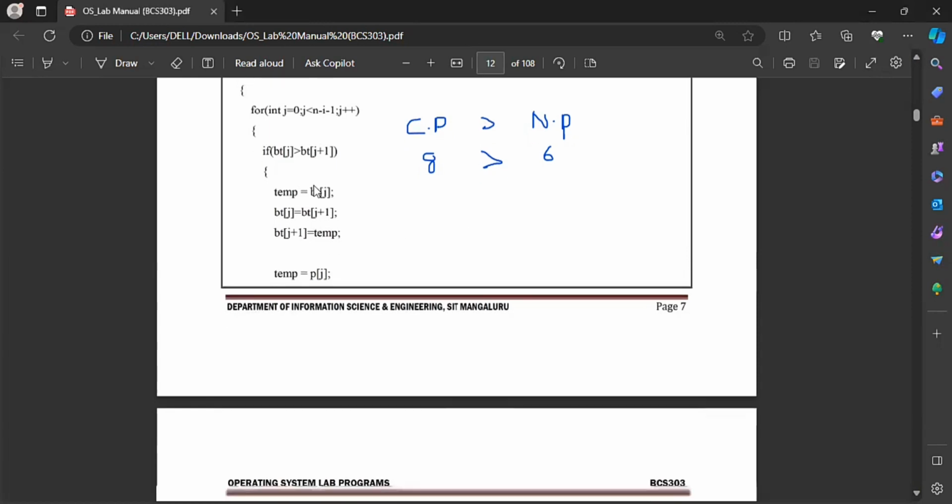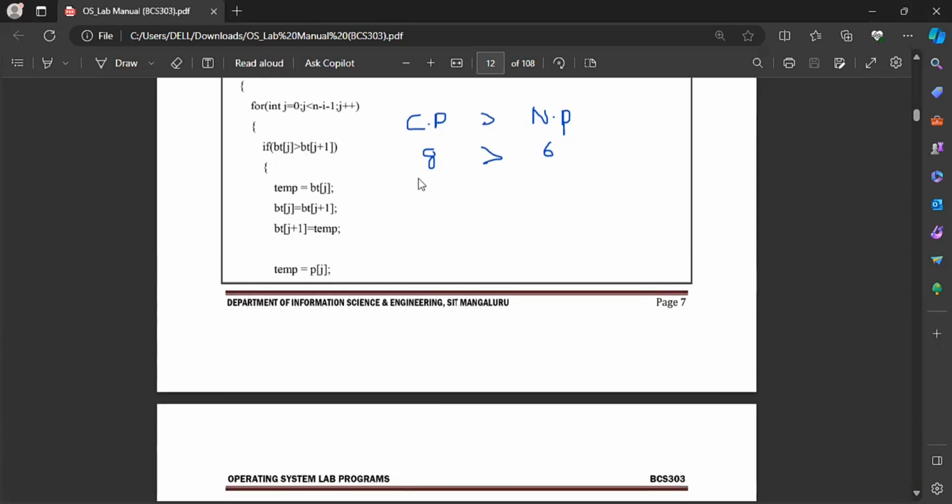If the current process's burst time is greater than the next process's, then a temporary variable is used to store the burst time of the current process. Then this swaps the burst time of the current process and the next process.